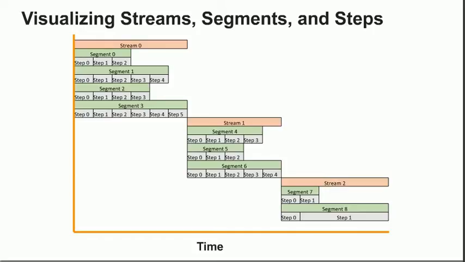These can run independently all at the same time, which is really awesome because you get more parallelism. And then each of them is built up of a bunch of steps. Obviously you can't move from one stream into the next stream until the previous stream is complete.